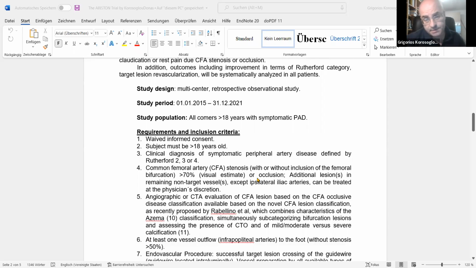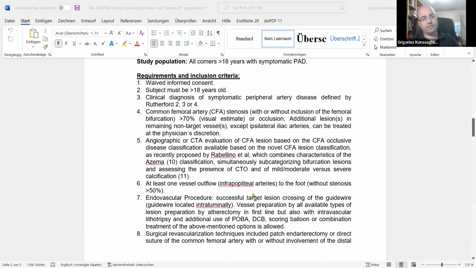This should be a multi-center retrospective observational trial. We have defined the study period as the last 6 or 7 years from now. And the requirements are that the patients are informed, or we have a waived informed consent for conducting this study.